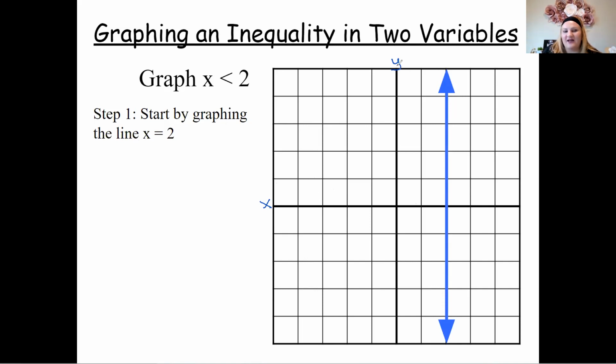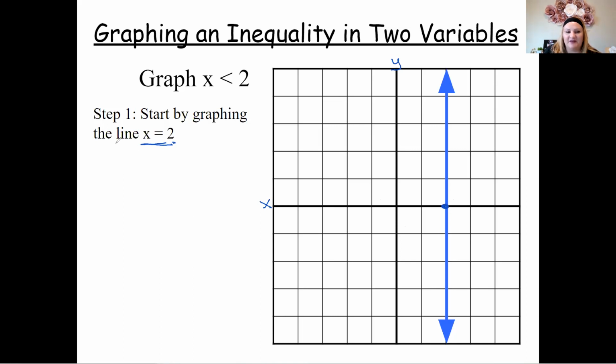My y values on my y-axis are going up and down. My x values on my x-axis are going right to left. So on my x, I'm going to find the number 2. So 1, 2. I'm going to put a point here.